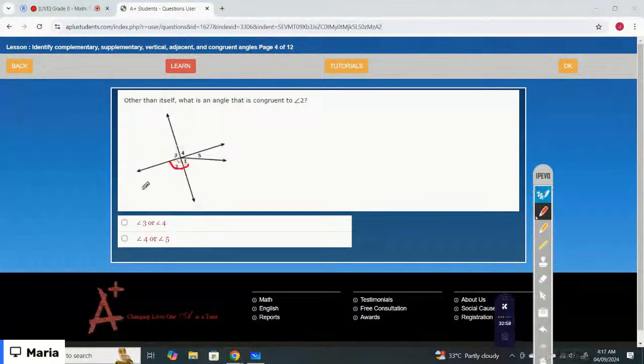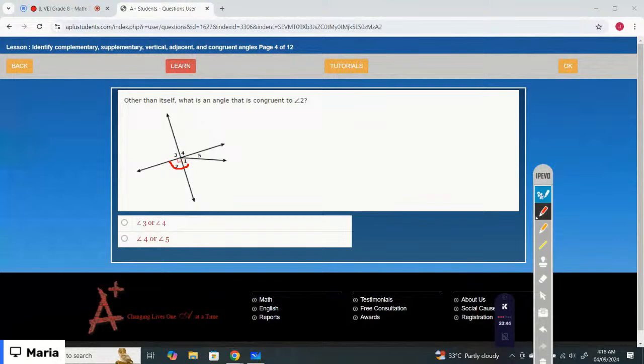The congruent angles are, the correct option is angle 3 and angle 4, right?